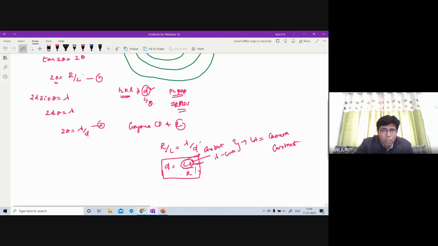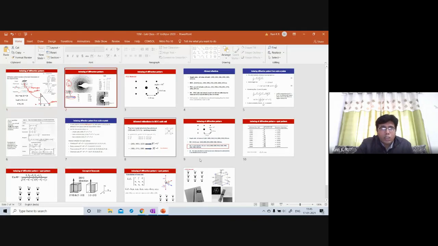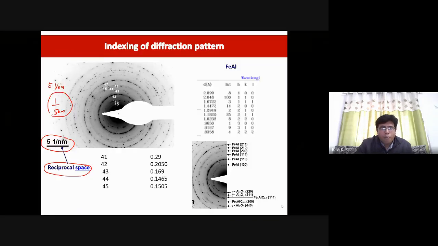Now what you are going to see here is that in the image, you look carefully, this scale is coming. As I told you, this is in reciprocal space. That is the reason it is in 1 by nanometer. Now this scale, how it is coming is by running the calibration file.